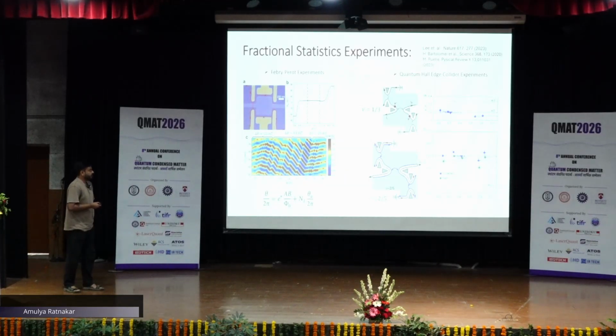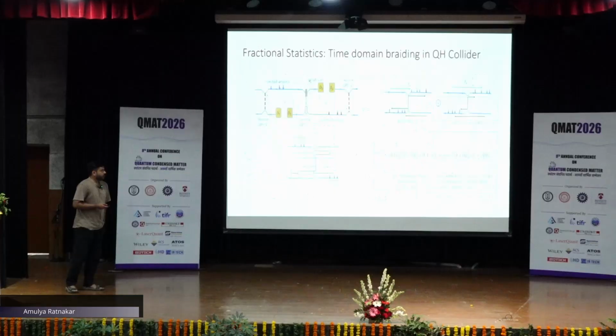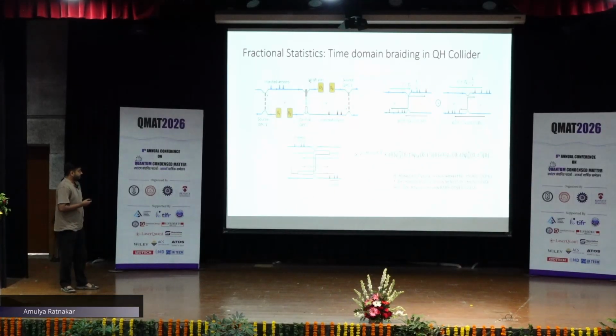However, in a collider setup, we do not have the spatial braiding of the anyons, but what we have is something called time domain braiding, which I will explain here. So in a typical collider setup, we have two source QPCs which inject anyons across the bulk, and a central QPC where these injected anyons come and time domain braid with the quasi-particle quasi-hole pairs that are created at the central QPC.